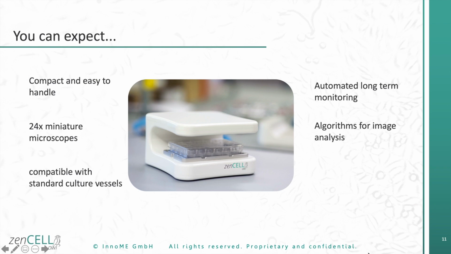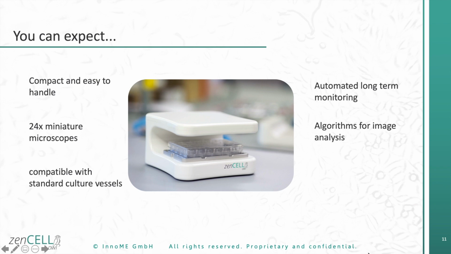We have several adapter frames for the major brands, so you can use T25, T75 flasks, and even, for example, 24 well plates, in which you can monitor each of the single 24 wells separately. And by using our software coming with the device, you can configure automated long-term monitoring, and you can utilize the integrated algorithms for image analysis.